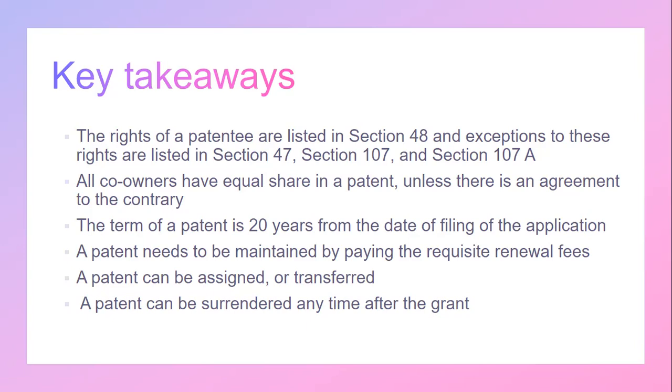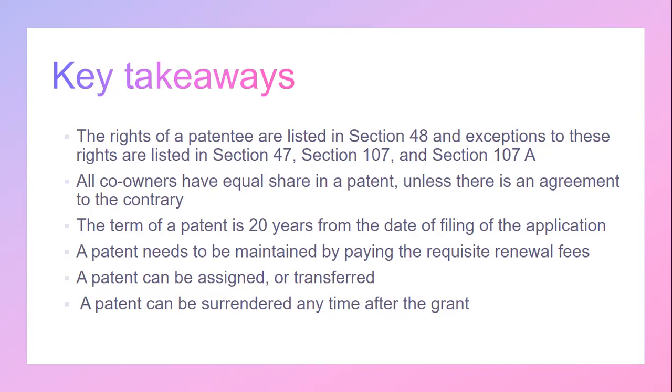Once this 20 years expires, there can be no extension. A patent needs to be maintained by paying the requisite renewal fee. If you do not pay your renewal fee, then what will happen? The patent will be taken off the register and the subject matter of the patent becomes public. The patent rights can be assigned or transferred, and the patent can also be surrendered. So these are the major points.